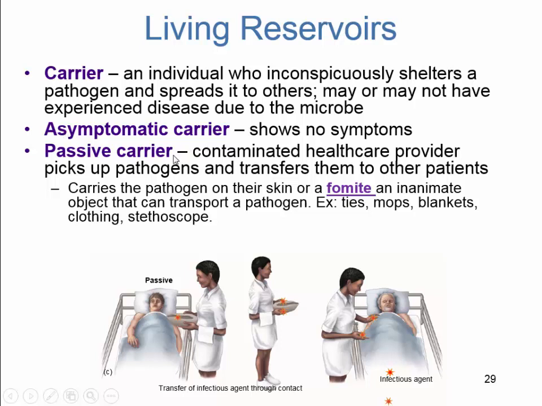The passive carrier, however, is a person who is contaminated with the microbe, so it could be on their jacket, their sleeve, or stethoscope, and they carry this microbe unknowingly from person to person, or they carry it in the form of a fomite. A fomite is an object that is contaminated with the microbial source, such as ties, mops, blankets, clothing, stethoscopes. Excellent examples in the clinic are your watch, right?